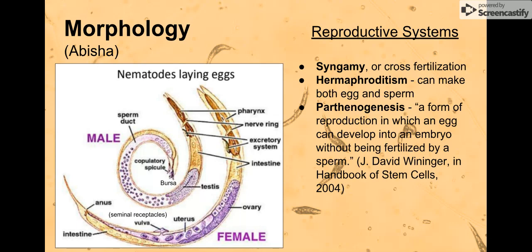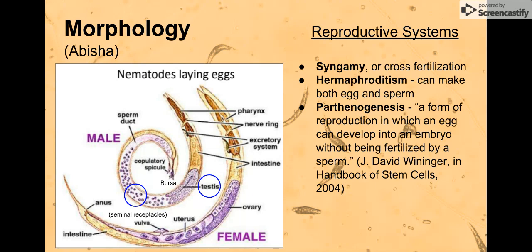So starting with our male nematode, this is obviously with syngamy, not hermaphroditism or parthenogenesis. So stick with me here. Male nematodes have testes. These testes produce spermatozoa, things that males have.